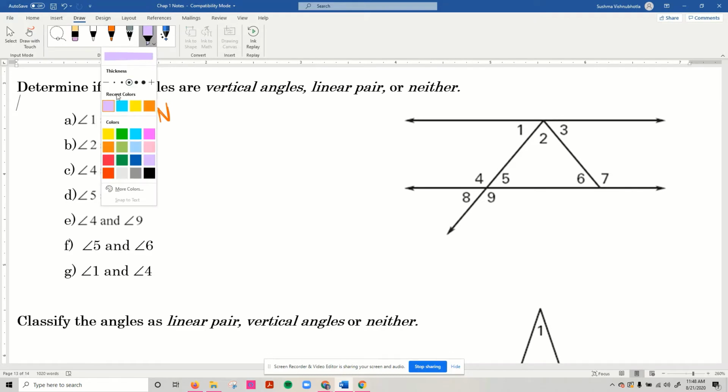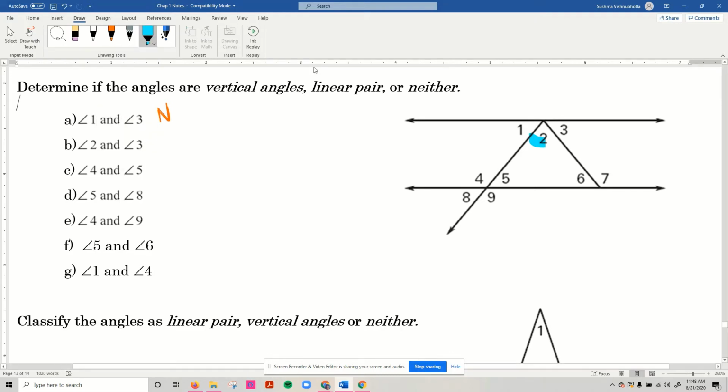Now 2 and 3, I talked about this in some of the classes too. These are also neither, because 3 is on this straight line, but 2 is not on the same straight line. And although they are adjacent, you need both of the angles to be on the same straight line. You see how angle 2 is on this line and angle 3 is part of this straight line? So they would not be a linear pair, and they're not across from each other or opposite. So it's neither again.